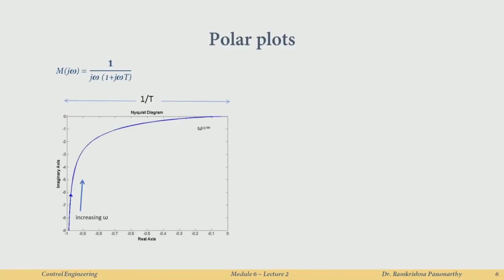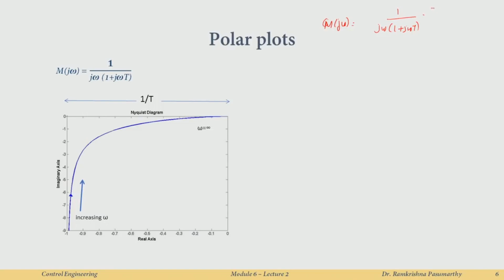Okay, so for this one, I just add a pole to the previous transfer function. Let me see how I can analyze this. So I have M of j omega equal to 1 over j omega times 1 plus j omega T, right. I just do the rationalization, which I learned in school.